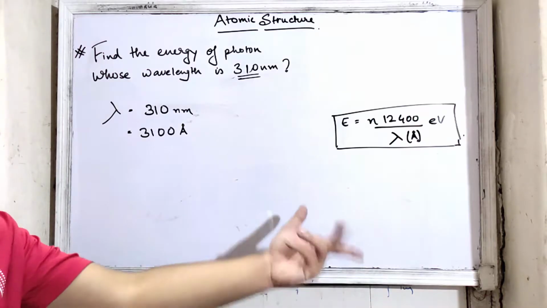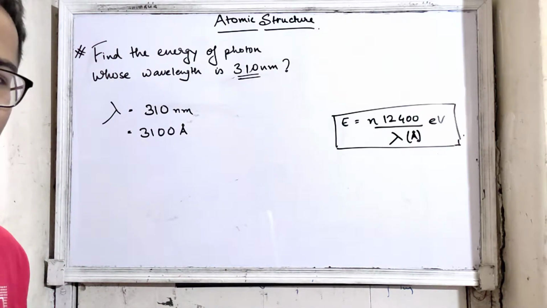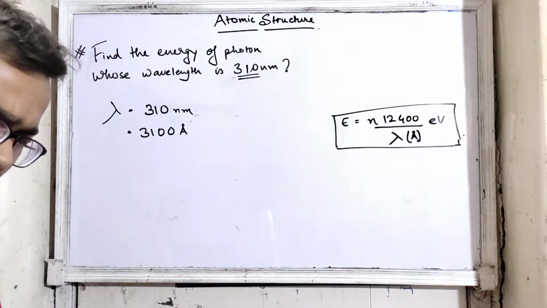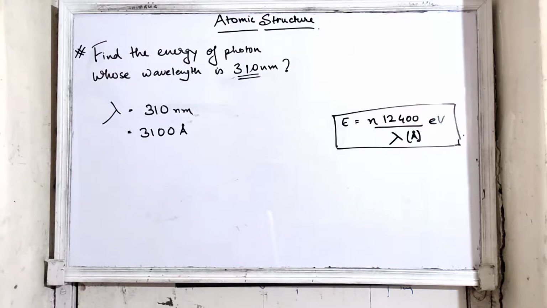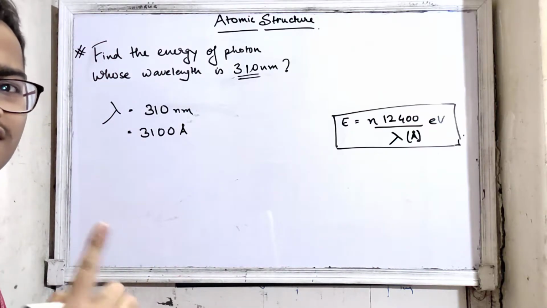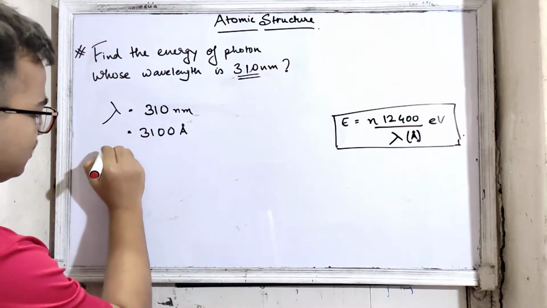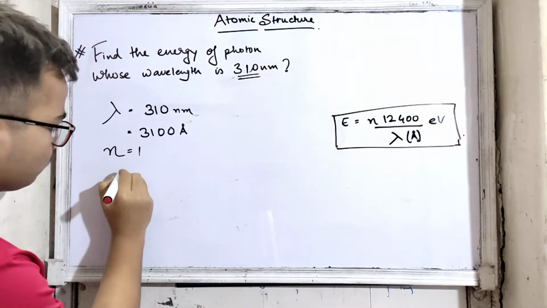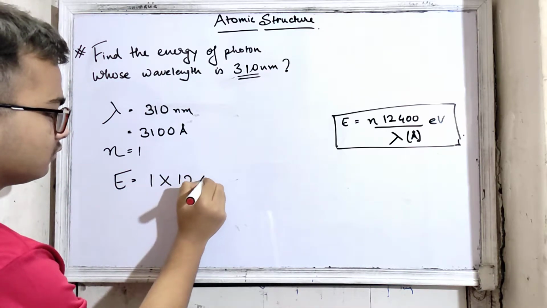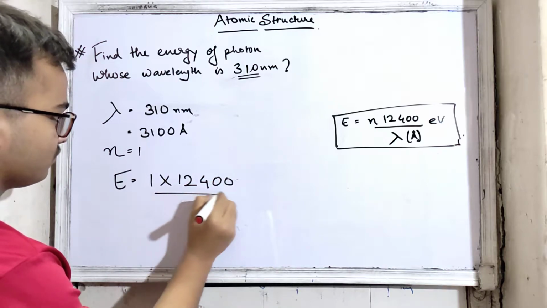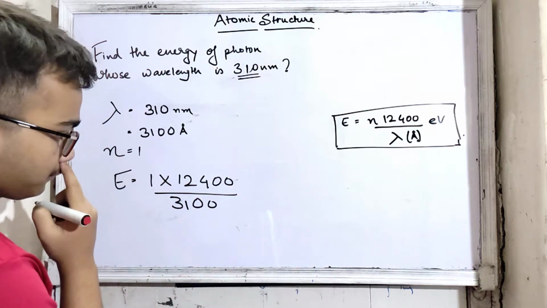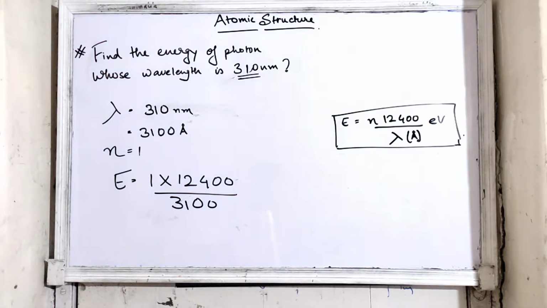Now I will directly put this formula for my better calculation. If you want, you can put the value of speed of light and also the Planck's constant, and you can evaluate. The answer will come more or less the same. So let's find out. Since the number of photons is not told here, we will take unity, that is 1. So let's take n equal to 1. So E equal to 1 into 12400 by 3100, right?